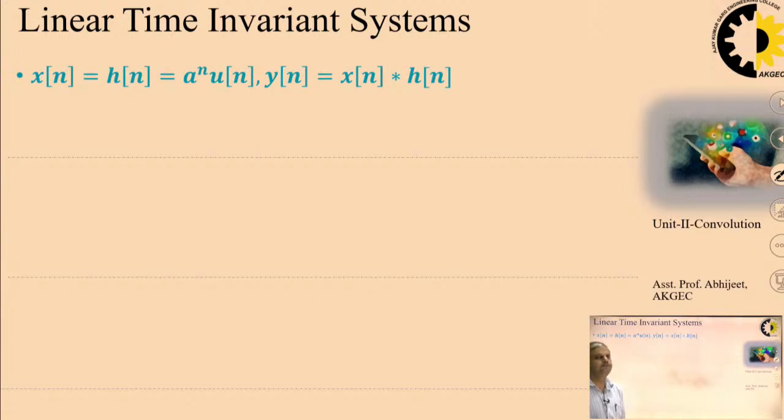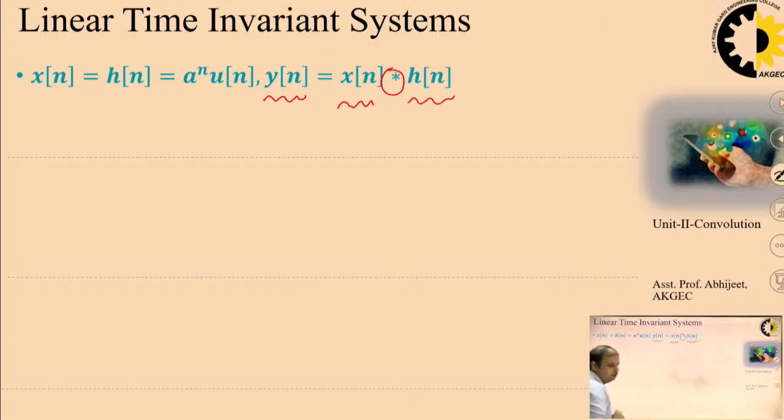Suppose there is a system in which the impulse response is a raised to the power n u of n, and the input to the system x of n is also a raised to the power n u of n. So we apply the input x of n, and we want to measure the corresponding output, which means what is x of n convolution h of n.